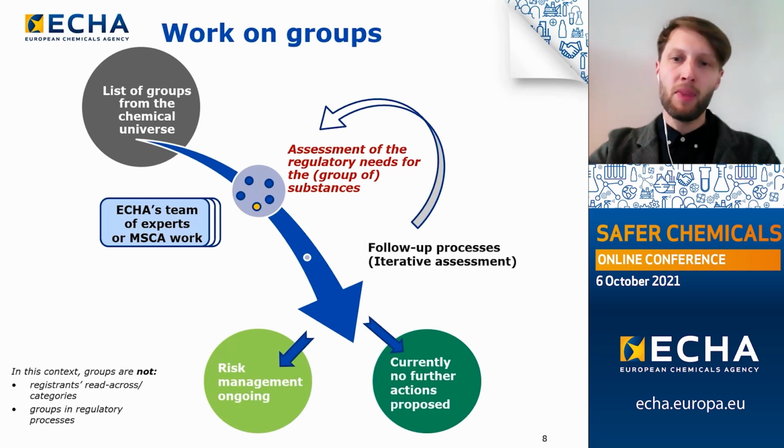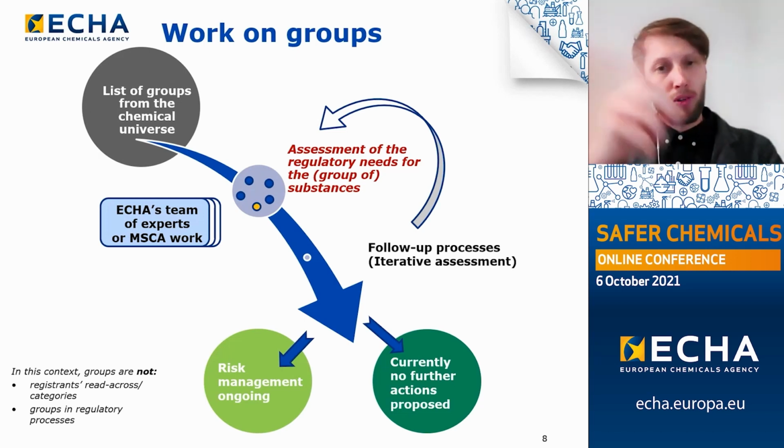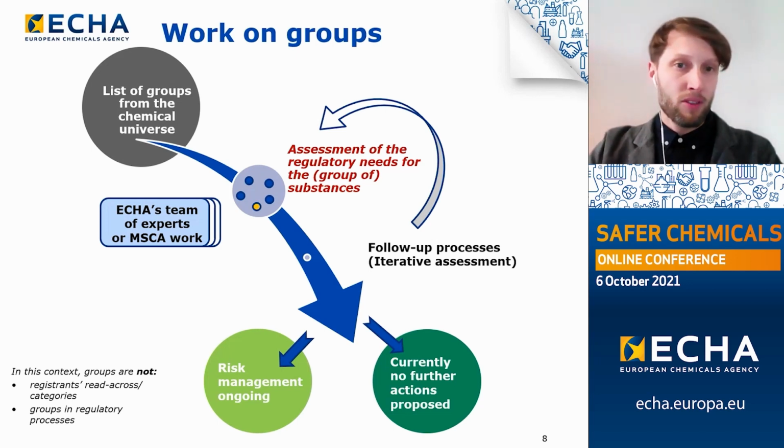Once we have such a group, we have a team of experts within ECHA, but also sometimes from the member states who make a first assessment. They identify actions, follow-up processes, and once these processes have concluded, the group of experts will come together and look again at the improved basis of information and update their knowledge, their proposals for what needs to happen further.